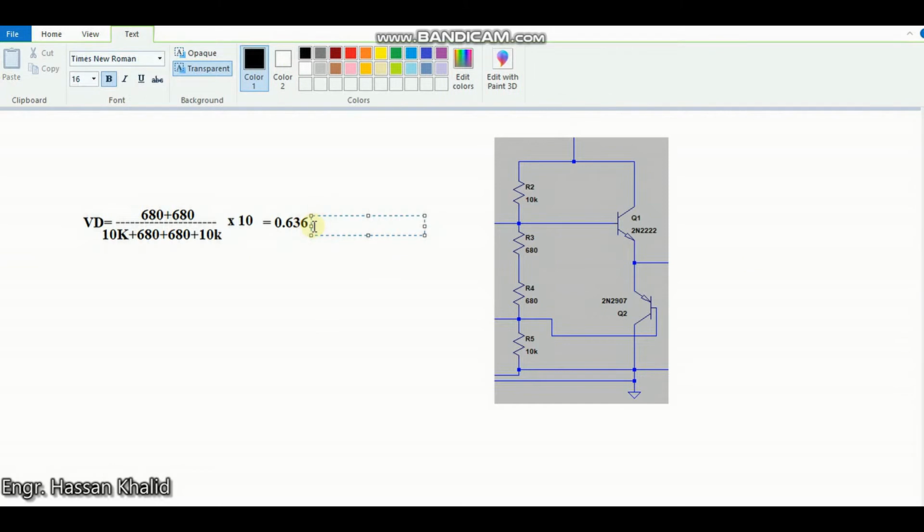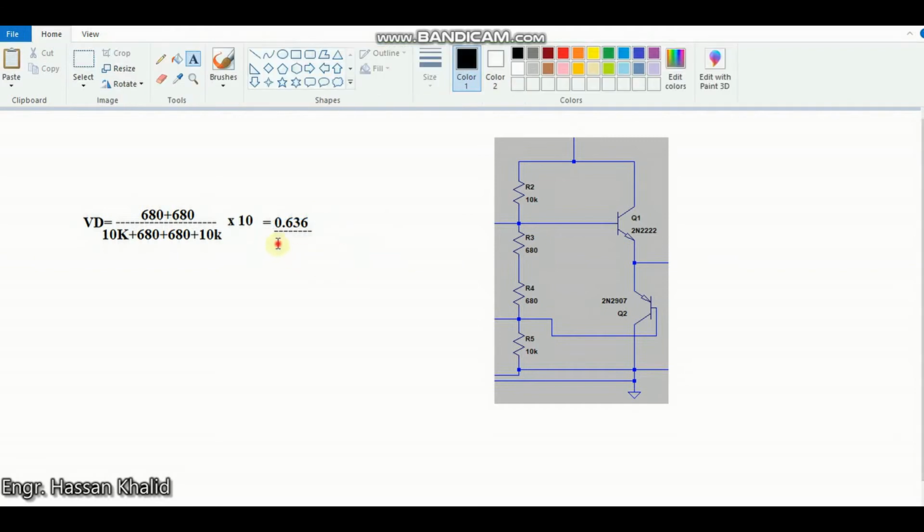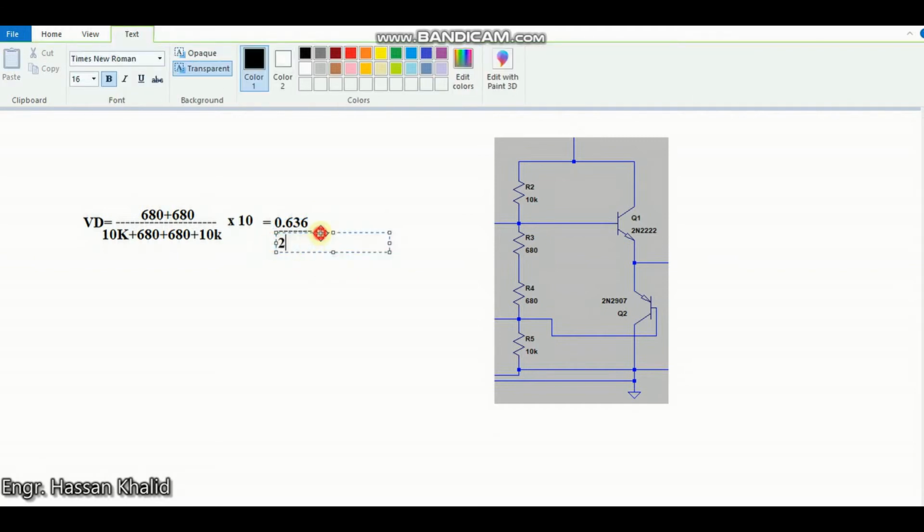Now if I divide it by 2, the amount of voltage per junction will be equal to 0.318. This means that 318 millivolts will be shared by each of the transistors.